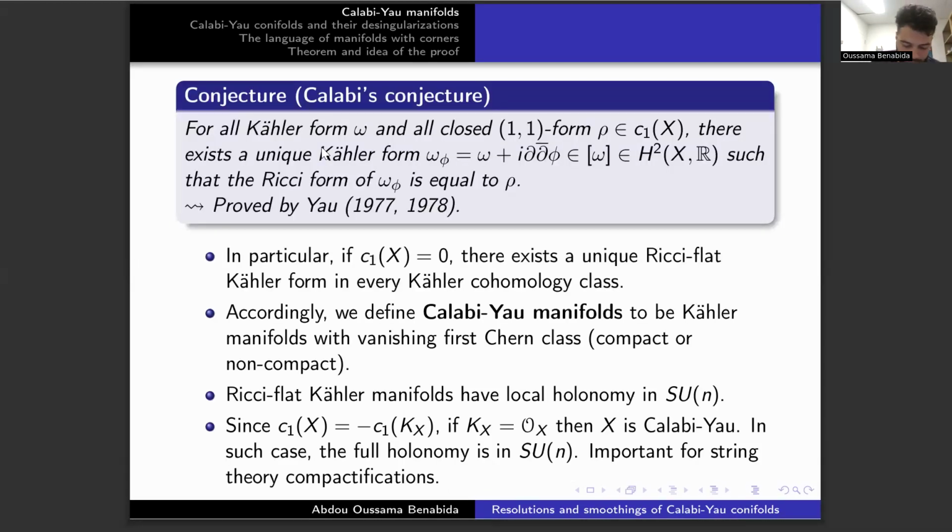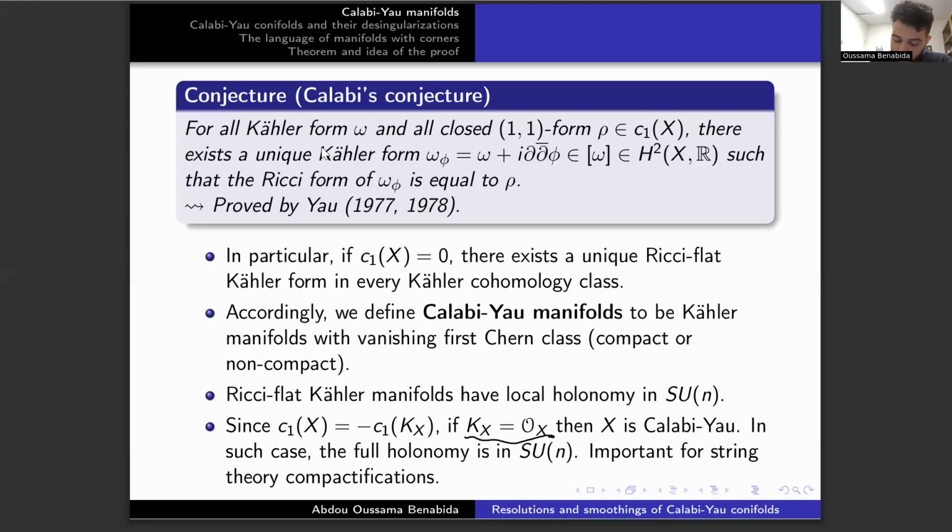So before going to discuss the solution of Yau, here I said that if the canonical bundle is trivial, then the manifold is Calabi-Yau. And this is usually the main way of producing Calabi-Yau manifolds. For example, we can look at projective varieties which have trivial canonical bundle. And how do we get trivial canonical bundle? Usually we get that by the adjunction formula.